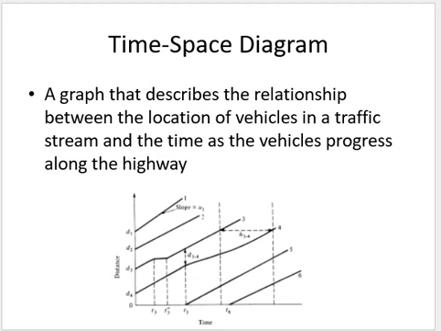Then you see H34 as well, right? What is it? Time between two vehicles for the same point in space. So at this point in space, vehicle 3 is here and vehicle 4 will pass at this time.